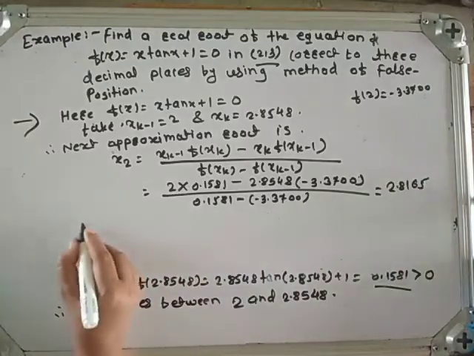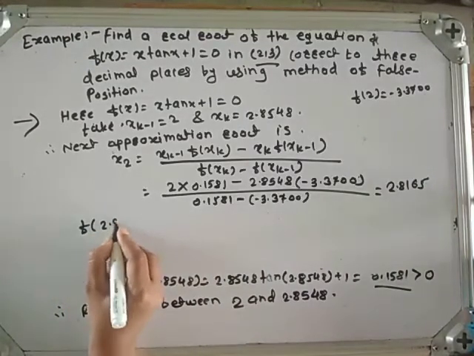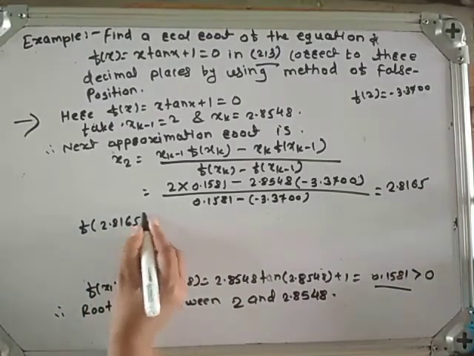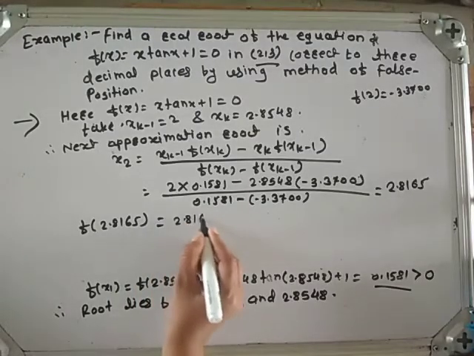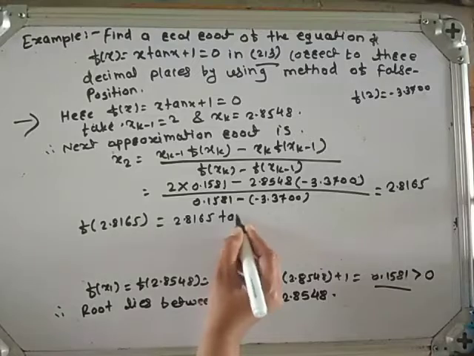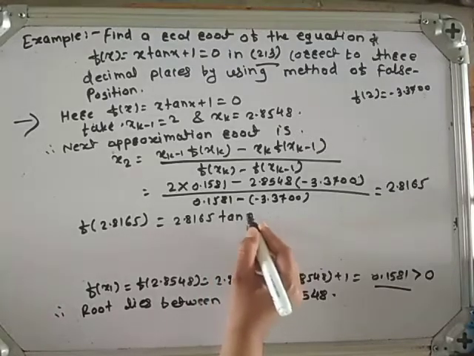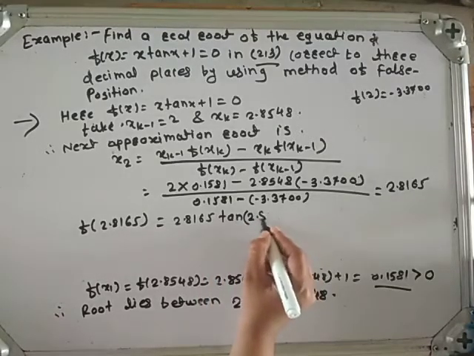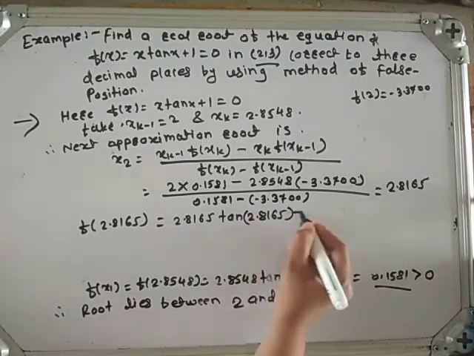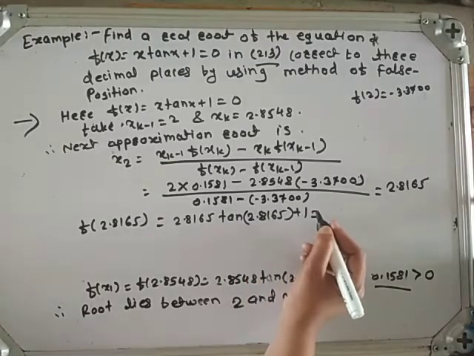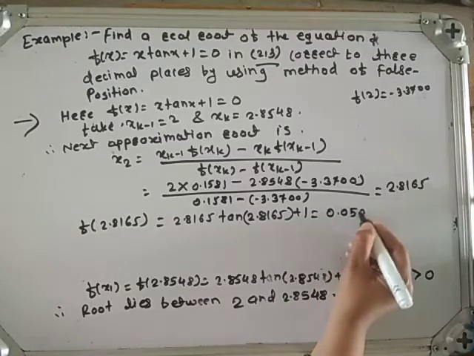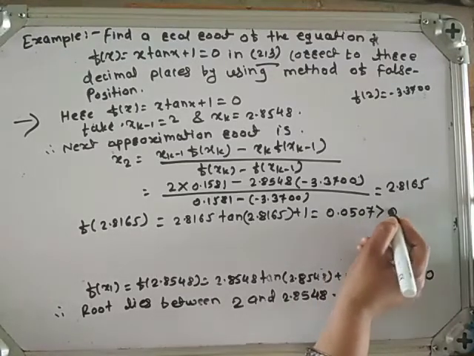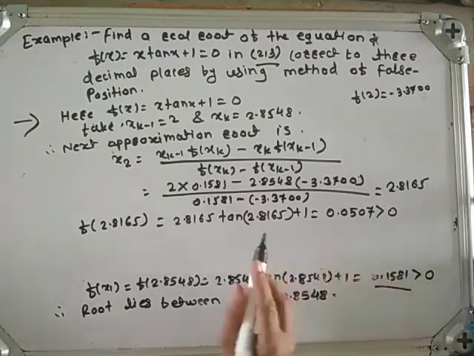Now calculate f(2.8165), which is 2.8165 into tan of 2.8165 plus 1, which is 0.0507, and it is greater than 0.